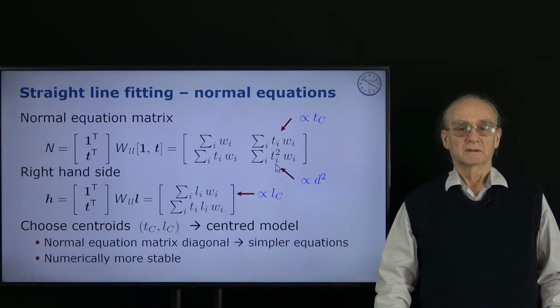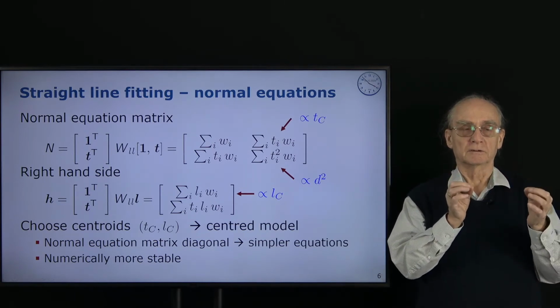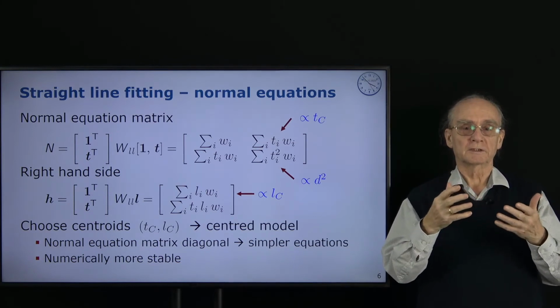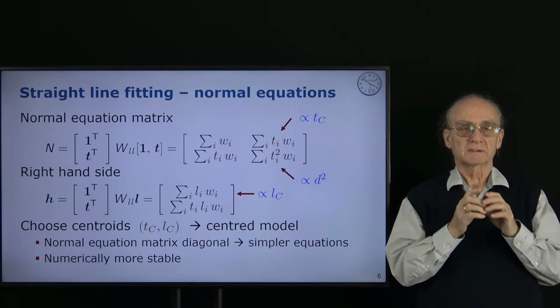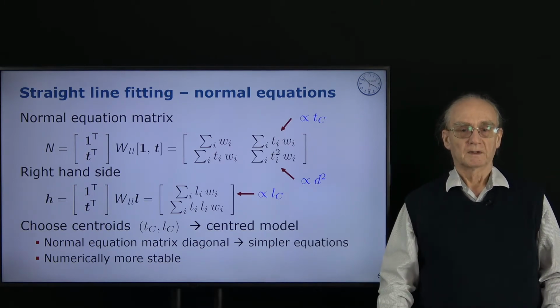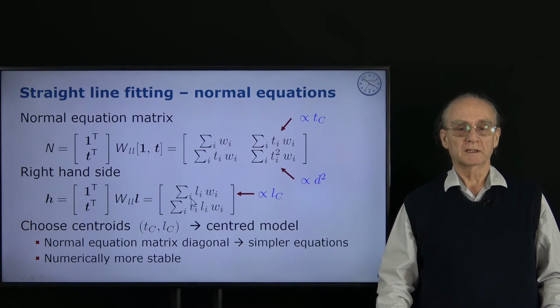What is this expression here? This is the weighted sum of the distances of the T's to the origin. And if we take the average of all these, the squares, this is something like the average squared distance. And again, we have such a sum of the weighted observations here, which then represent the centroid of our observed data.